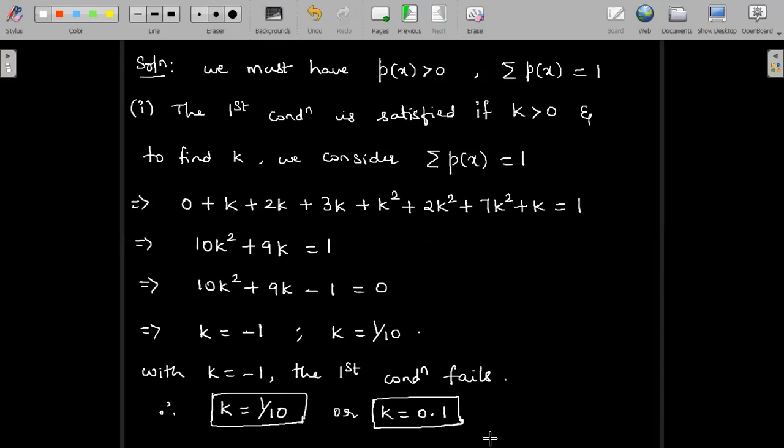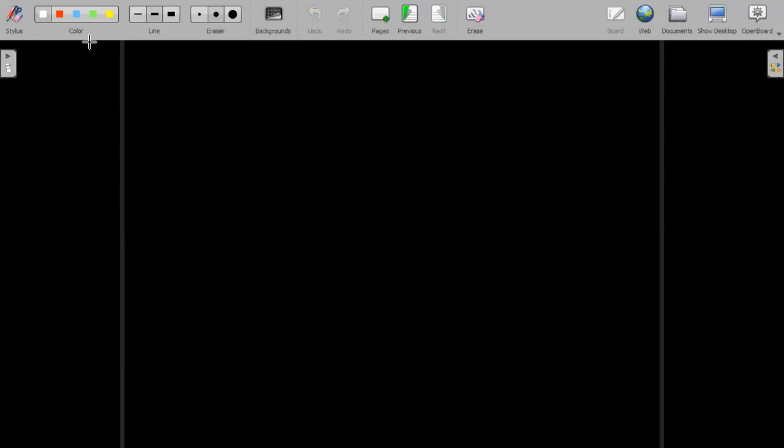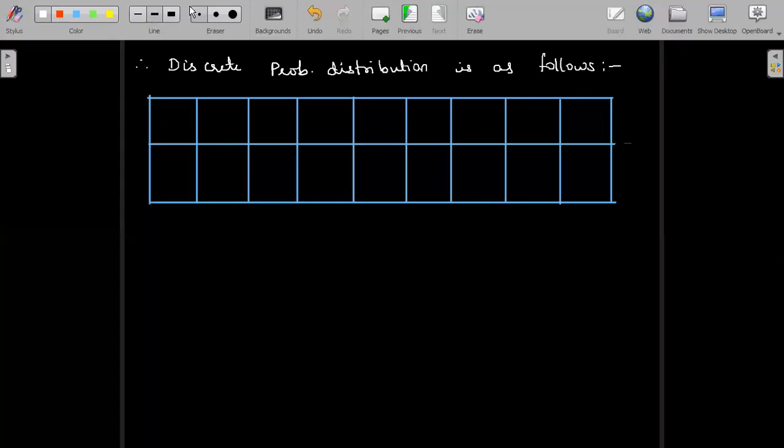So we will write down the discrete probability distribution table now. Therefore, the discrete probability distribution is as follows. Let's write down the table now. We will rewrite the table with the value of k as 0.1.